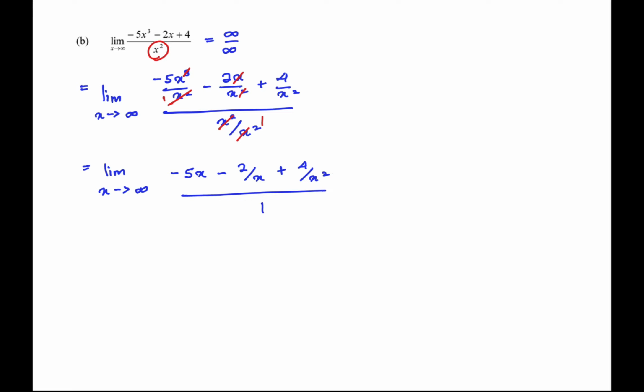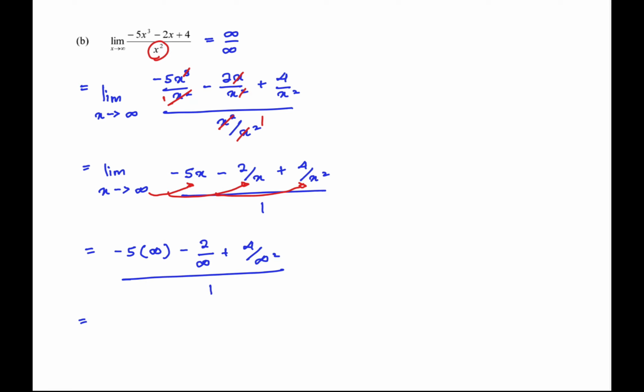And then we can substitute infinity here. After you substitute infinity, you get negative 5 times infinity minus 2 divided by infinity plus 4 divided by infinity squared, divided by 1.